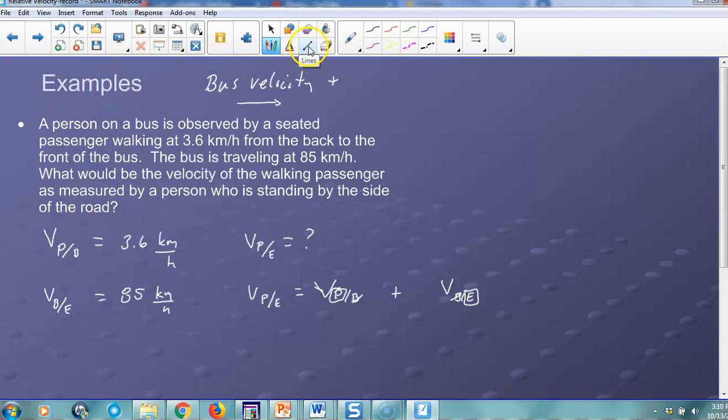And so we have a velocity of our person relative to bus. Let's reverse that and put that in terms of an arrow. Person relative to bus, and that's 3.6. I should shorten that, because the other one is so much longer.